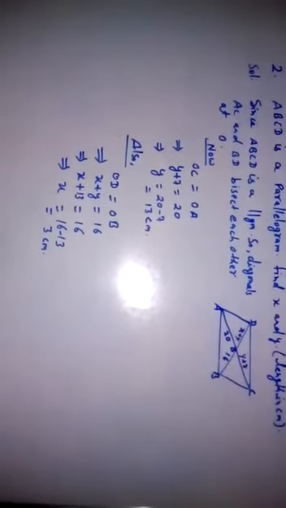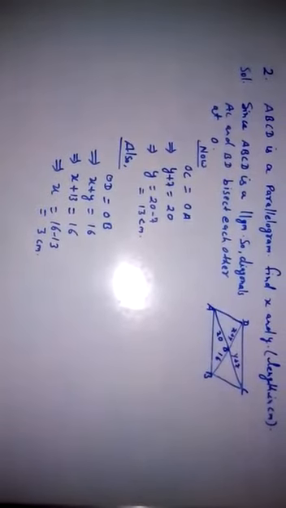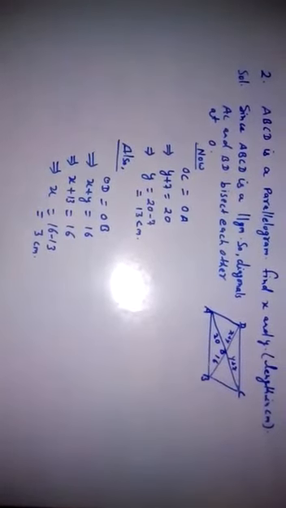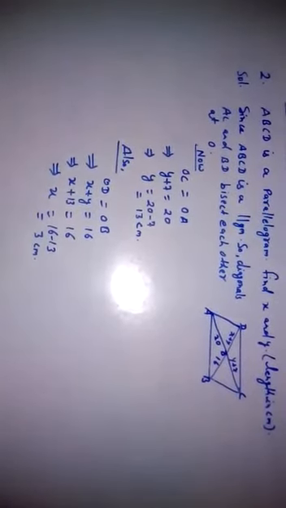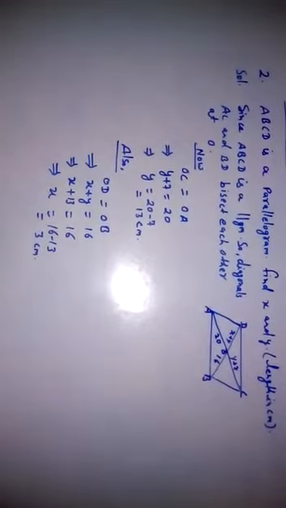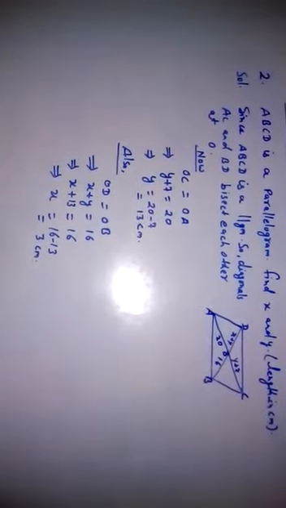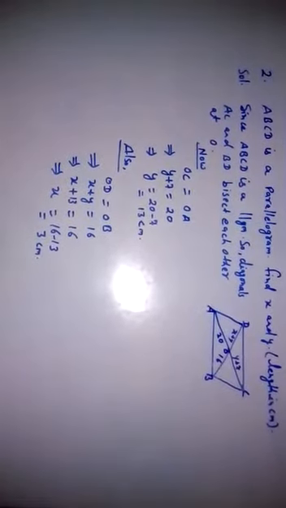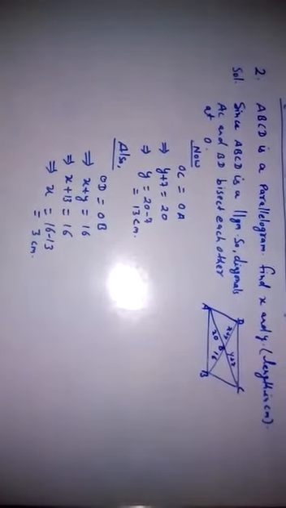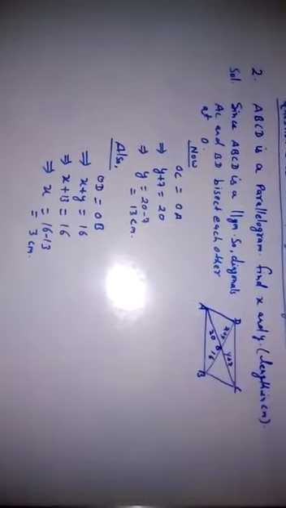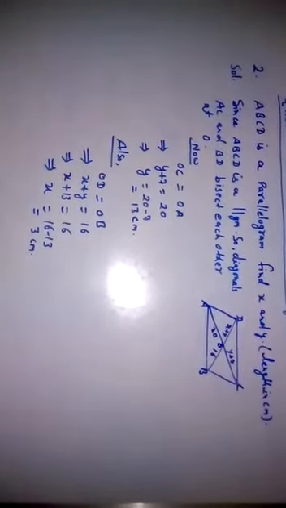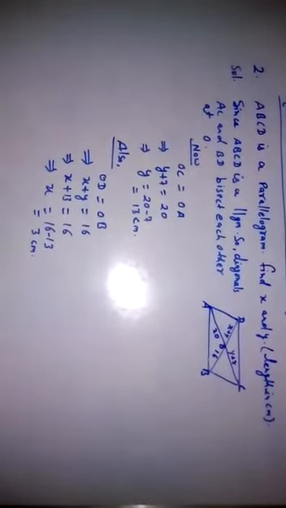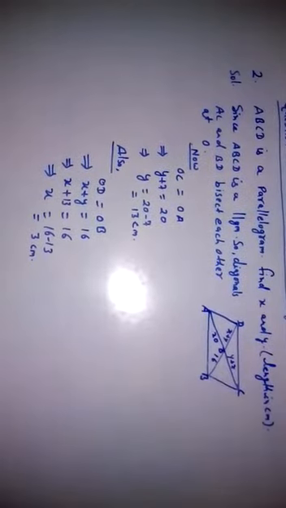Also OD equal to OB, it means OD equal to x plus y and OB equal to 16. Then x plus y equal to 16 implies x plus 13. Y value is upper side, it is obtained 13. So x plus 13 equal to 16.